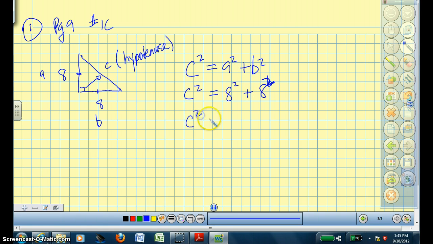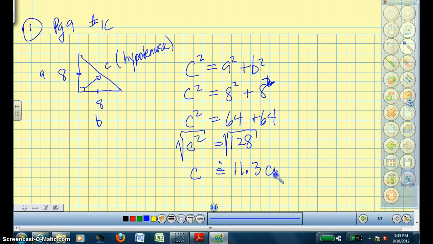C squared equals 64 plus 64. C squared equals 128. I want to take the square root of both sides to find what just C is. And C is equal to approximately 11.3 centimeters.